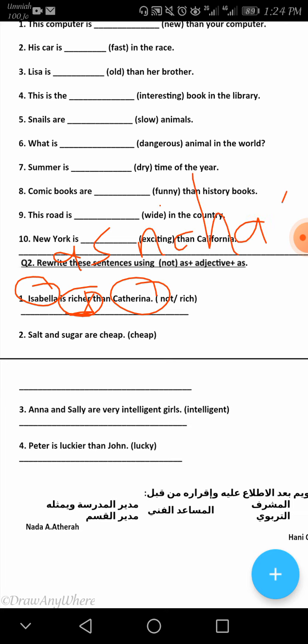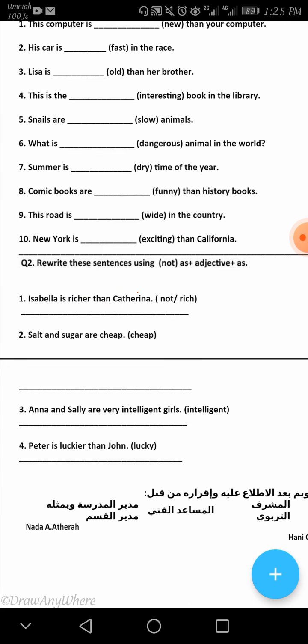Rich. As. Yes. Now Isabella is richer than Katrina. So Katrina isn't, إذا بدي أعملها رح تكون Katrina isn't as rich as Isabella. Okay, depend on the meaning.